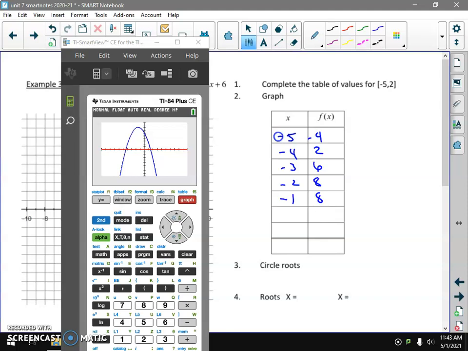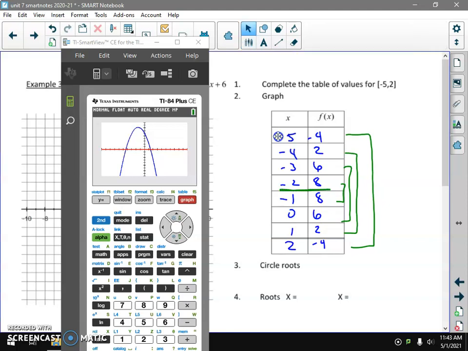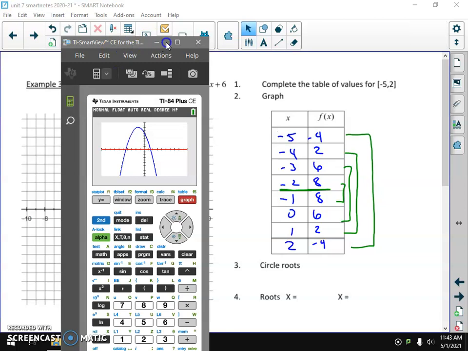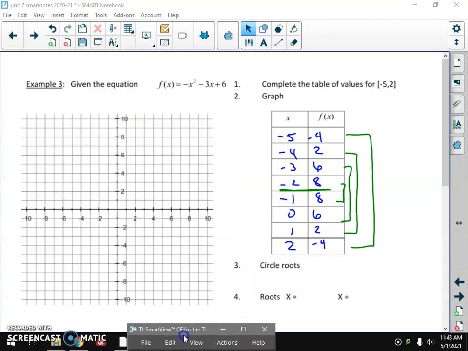That's the same one as last time. 0, 6, 1, 2, and 2, -4. Notice, I've still got the pairs. I just don't have the vertex, because the vertex is somewhere in between here. It's actually exactly in the middle between -2 and -1, which is -1.5. But that's not as important, because we're just looking for the roots.